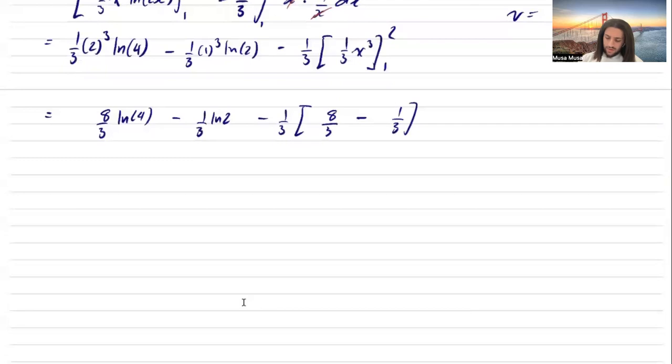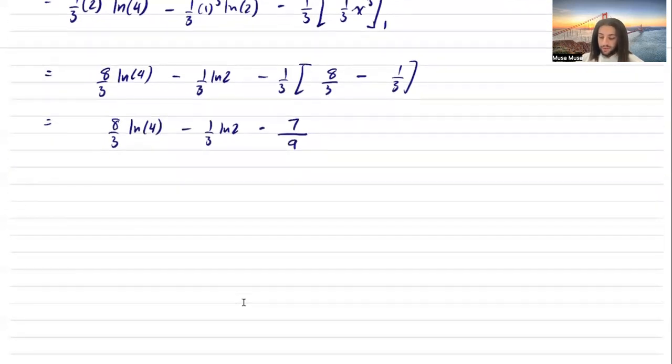Oh, geez, this is too much work to be honest. 8 on 3 ln of 4, minus a third of ln 2. And then expanding this out, first of all, 8 on 3 minus a third, quite easy, is 7 on 3. And then multiplying by minus a third, 7 over 9.